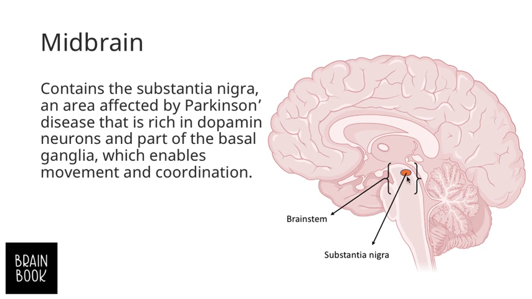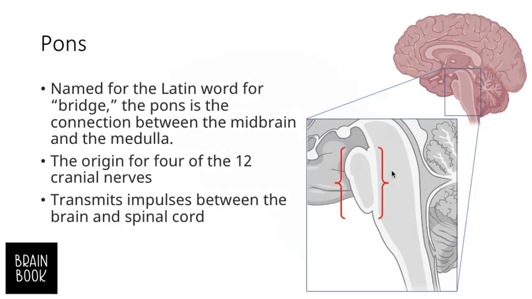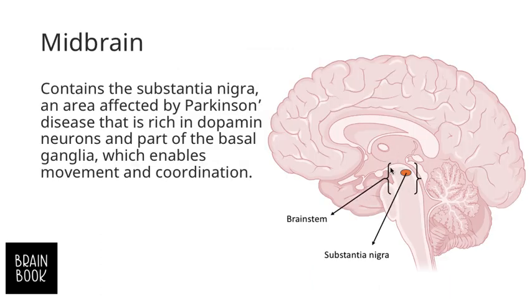And this part in the midbrain, substantia nigra, is very important for Parkinson's disease. And it also contains some parts of the basal ganglia that enables movement and coordination in our body. Here is the midbrain, and all here is the brain stem.